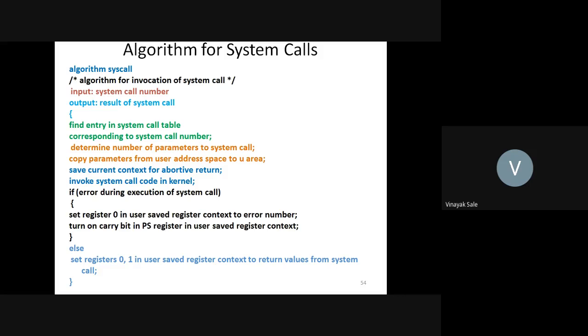This is the algorithm for a system call. See this algorithm carefully.